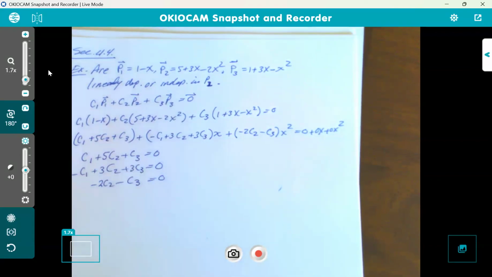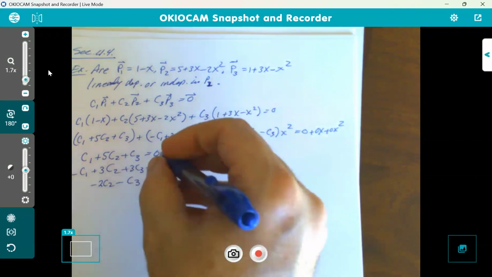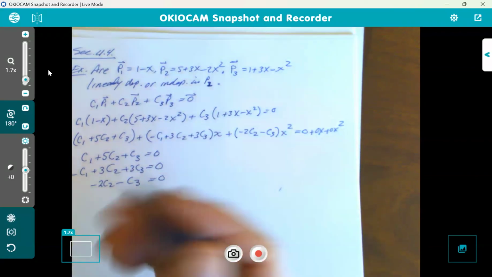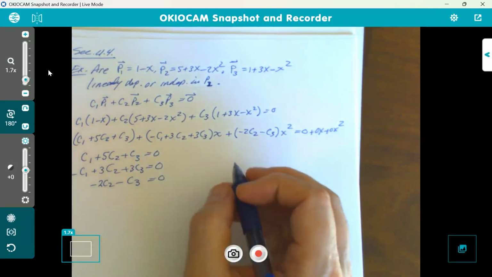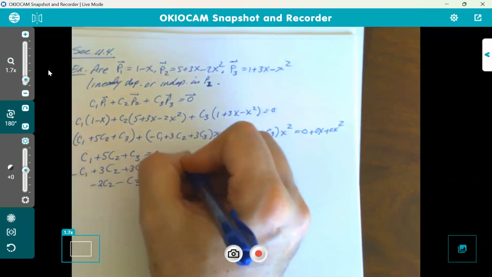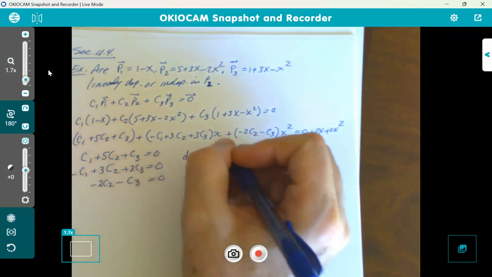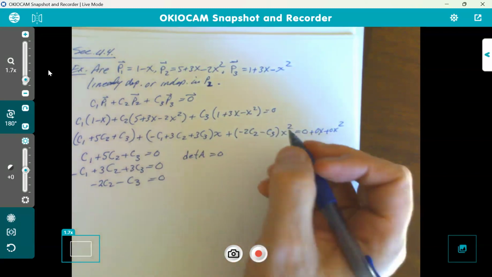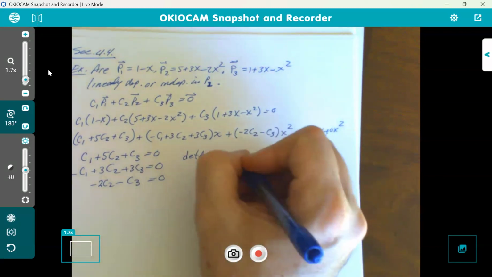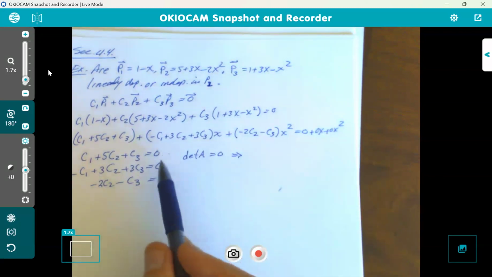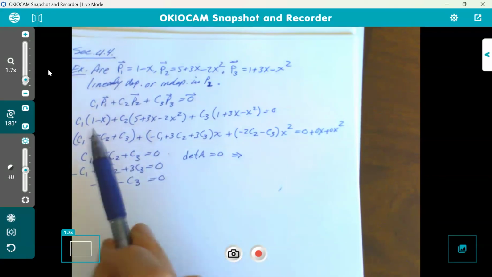So I have this matrix. Now, for this one, again, you can do Gauss-Jordan. Let me show you both. I did the determinant of A, and the determinant of A ended up being 0. Okay. If the determinant is 0, because this is a homogeneous system, we don't say there's no solution.